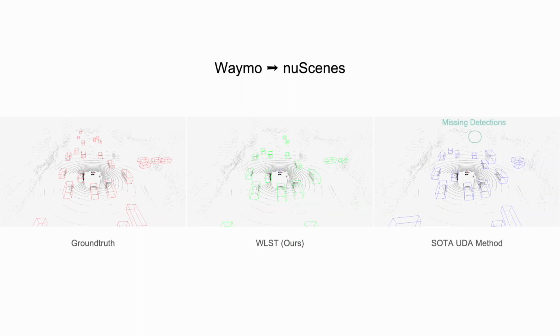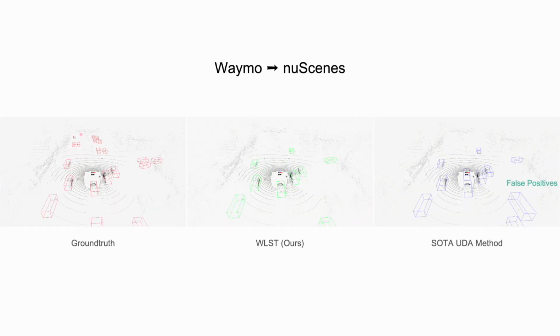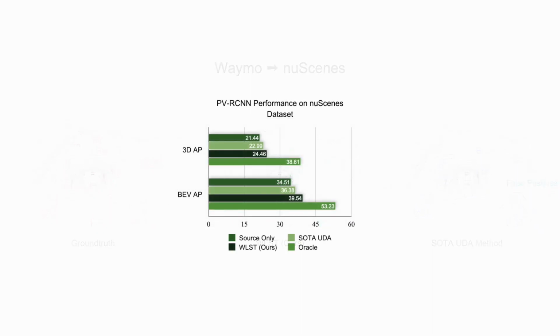In the case of Waymo to nuScenes, our method exhibits superior performance as well. The results still show that our method outperforms the previous SOTA models. However, adapting from Waymo to nuScenes presents a challenging case, so there isn't much improvement in scores. There is an area where our work can progress further.